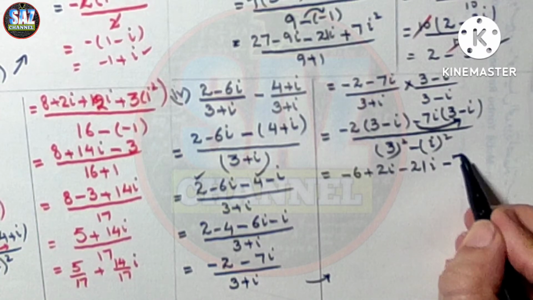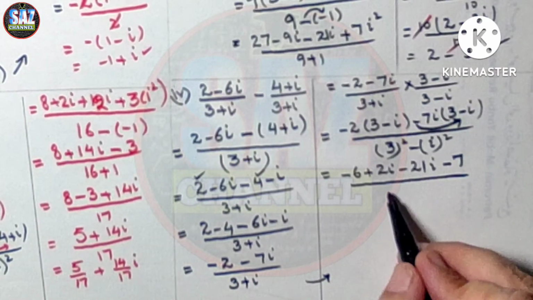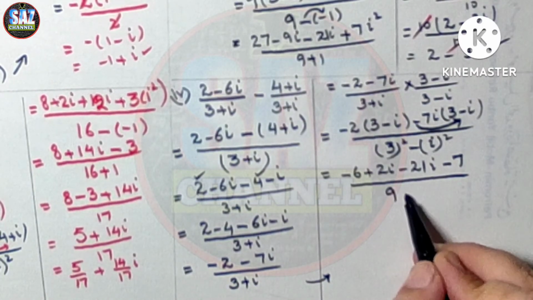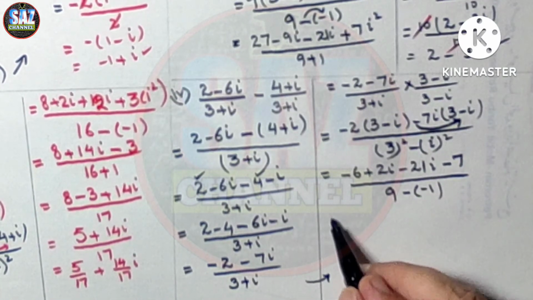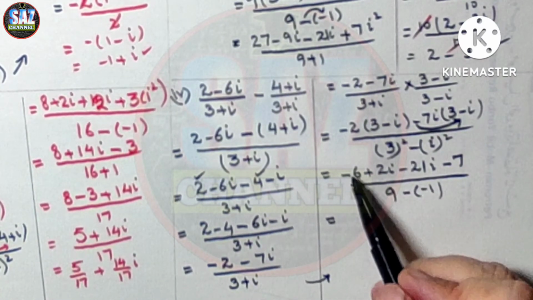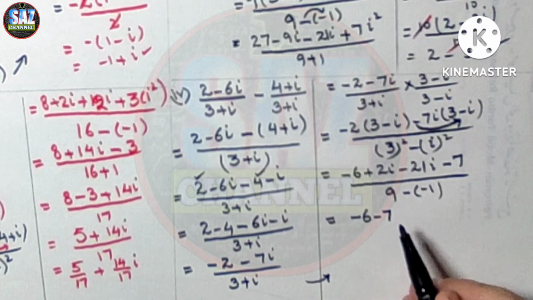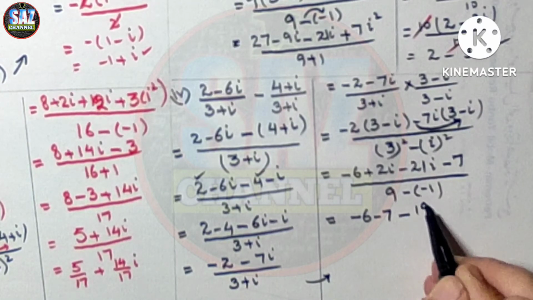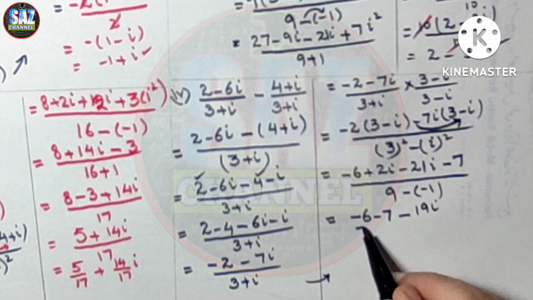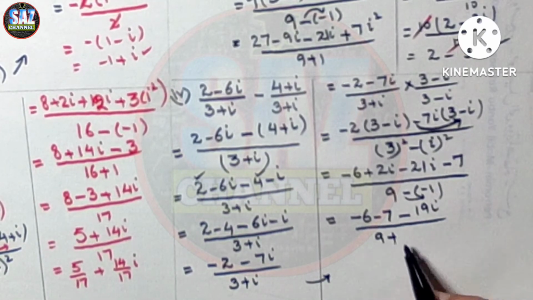I am skipping one step in this question so that I can accommodate my working. 9 and minus 1, this will become -6 and -7, that is -6 - 7, and 21 minus 2 is 19 with negative sign, upon 9 plus 1.